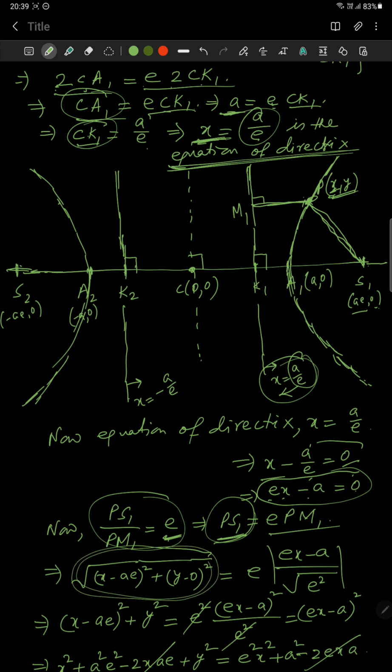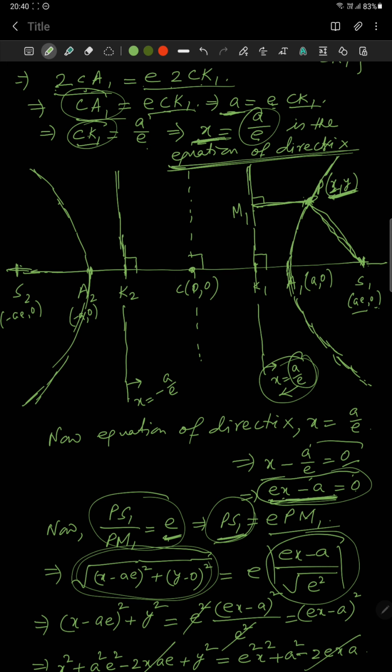And using the distance formula, you remember in the straight line we have already done, that is Ex minus A. On this straight line, if the perpendicular is drawn from P x comma y, then the length of perpendicular could be obtained by using this particular formula.